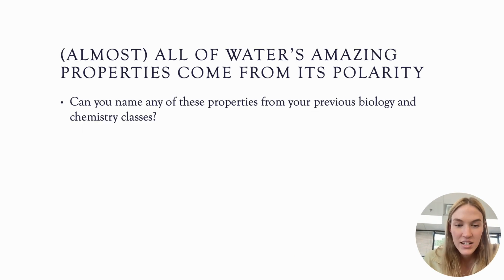Okay, so we bring that up because we're going to see in our functional groups that we can make some determinations about their properties when we look at how things are bonded together. But when we're talking about water, we know that there's a lot of really awesome properties that come directly from its polarity. I asked you to name some of those in biology, and you'll get tested on that both on the test and through AP Classroom homework.